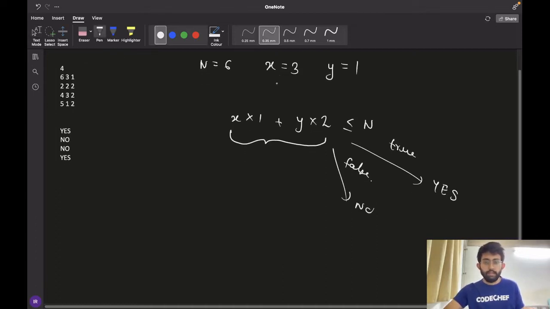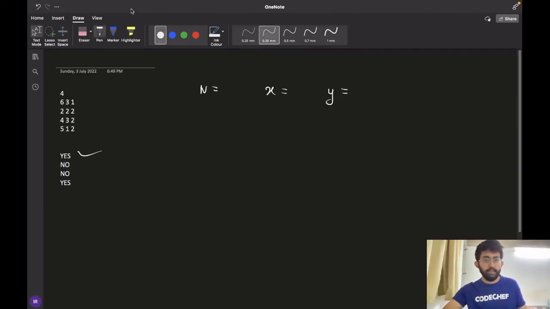So in this case we just substitute our values, so it would be 3 into 1 plus 1 into 2, which is 3 plus 2, which is 5, and we have to check whether 5 is less than or equal to n, which is 6, or not. As this is true, we print yes. Moving to the second test case, we have n equal to 2, x equal to 2 and y equal to 2.